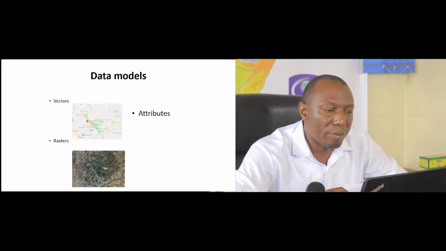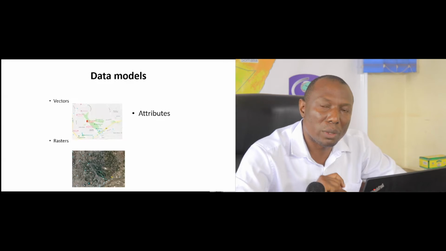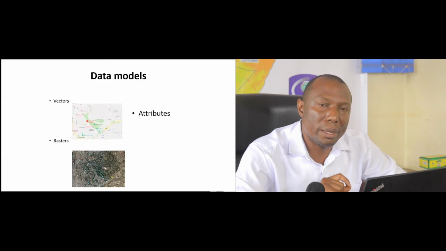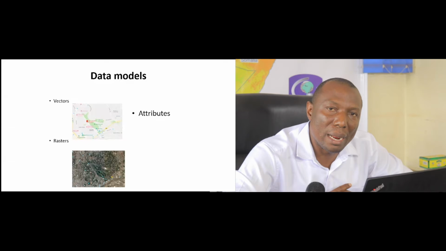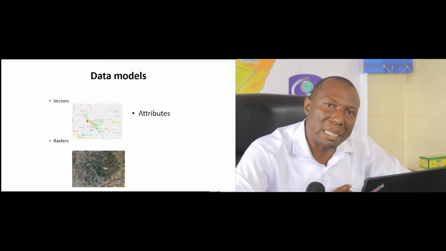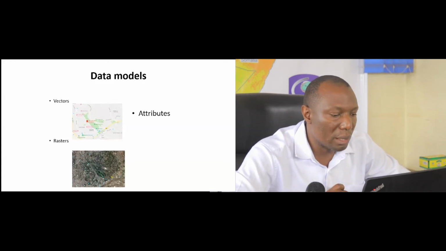Google Maps will give you vectors, as they have demonstrated. It also gives you the attributes. You know, the names of those hotels, the names of fields are referred to as attributes. So each data model, either vector or raster, is appended with an attribute behind. The attributes basically describe what's in the geometry of the file that you're displaying, or the file that you have stored.